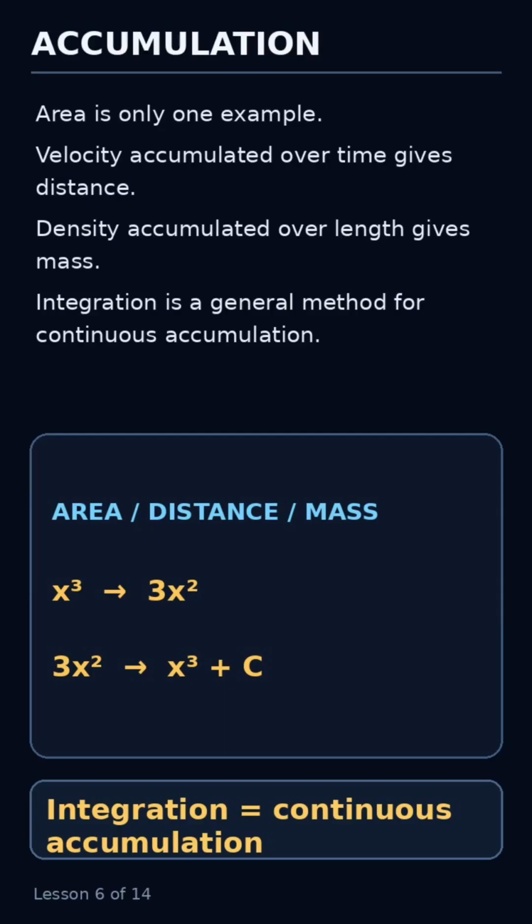If a flow rate changes with time, integrating the flow rate gives total volume. And in probability, integrating a probability density gives probability. So whenever something is made up of many tiny contributions, integration can help us find the total.